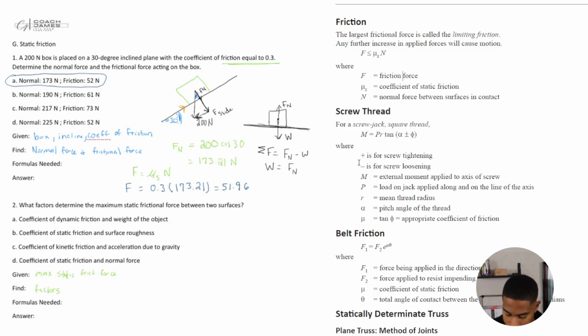So I know that to get the biggest static friction force, I'm going to need the biggest coefficient of static friction and the biggest normal force. Dynamic friction isn't dealing with static friction. Okay, coefficient of friction and surface roughness.